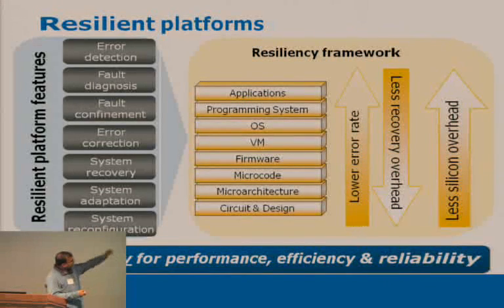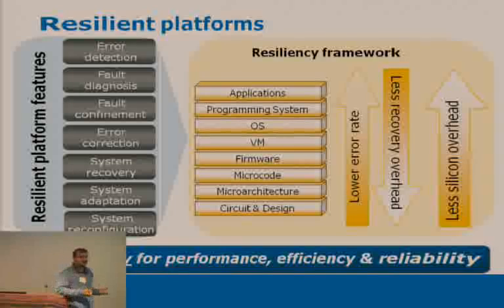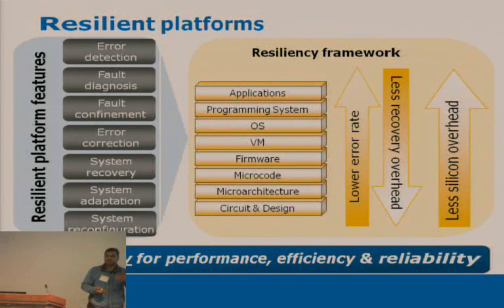And as you go up in the level of the hierarchies, you have less and less errors, because a lot of the errors that show up at a low level don't really manifest themselves at a system level or at a higher level because they're not relevant for the data being run or the program being run. So you have effectively a masking of errors as you go up, and effectively much lower error rate, which affords you a larger recovery time or a larger recovery overhead, which you can manage in that framework.